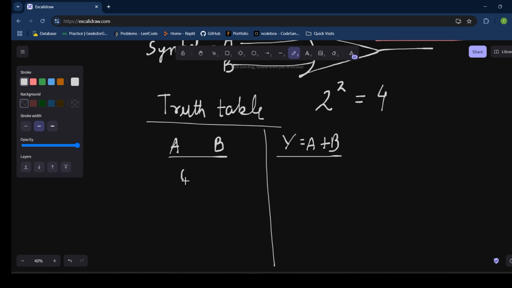And the combinations would be 0 0, 0 1, 1 0, and 1 1. In the OR gate, if any of the inputs is high, that is 1, then the output will be 1. As here we have both the inputs low, the output would be 0. And here we have one high input, so the output would be 1. Here also we have 1, 0. We have one high input, so the output will be 1. And here also we have both the inputs as high, so the output will be 1.